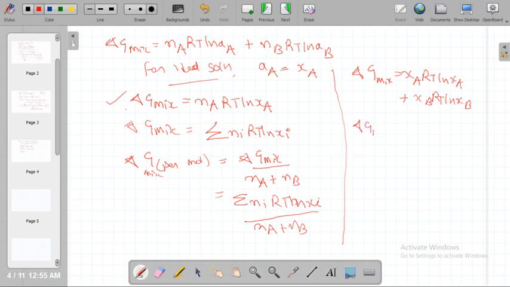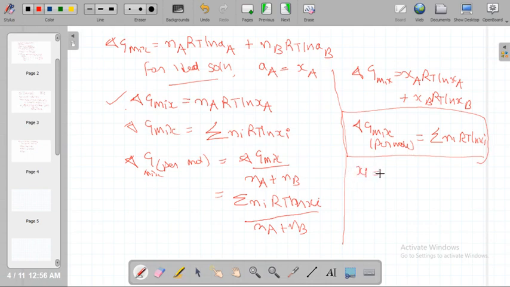That is, therefore, delta G of mixing per mole equals the summation of Xi RT ln Xi.